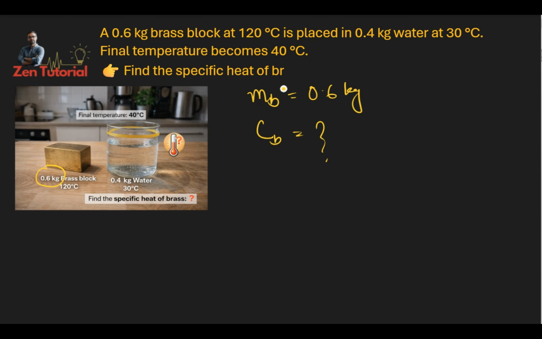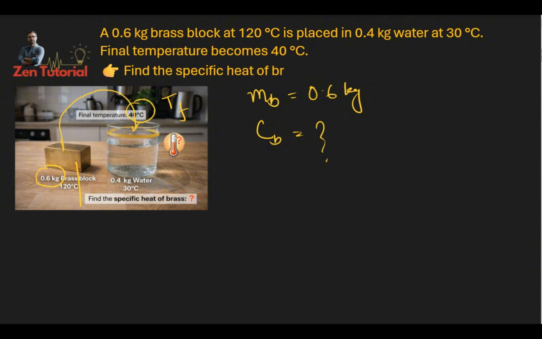Now this block is thrown into water, and the water mass is 0.4 kg. Temperature is 30 degrees Celsius, a room temperature of the water. Anyways, when this block is thrown into this water, the mixing temperature is about 40 degrees Celsius. This is also given. What we have to calculate is the specific heat of the brass.